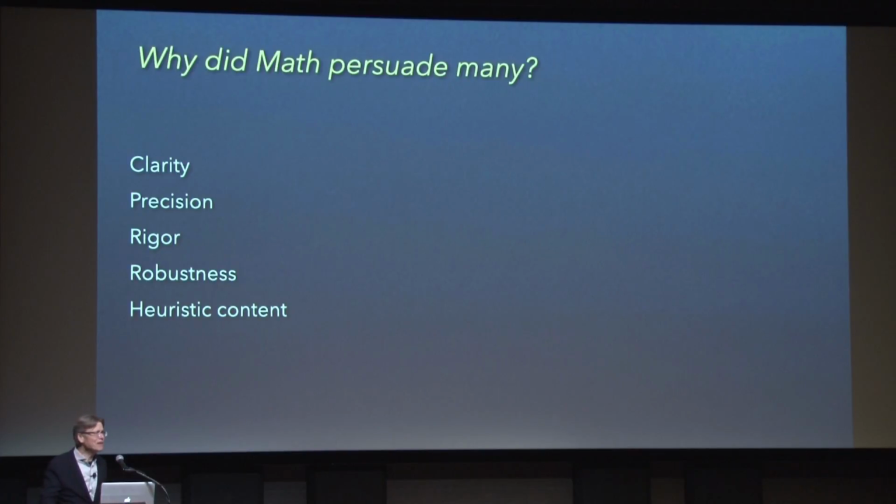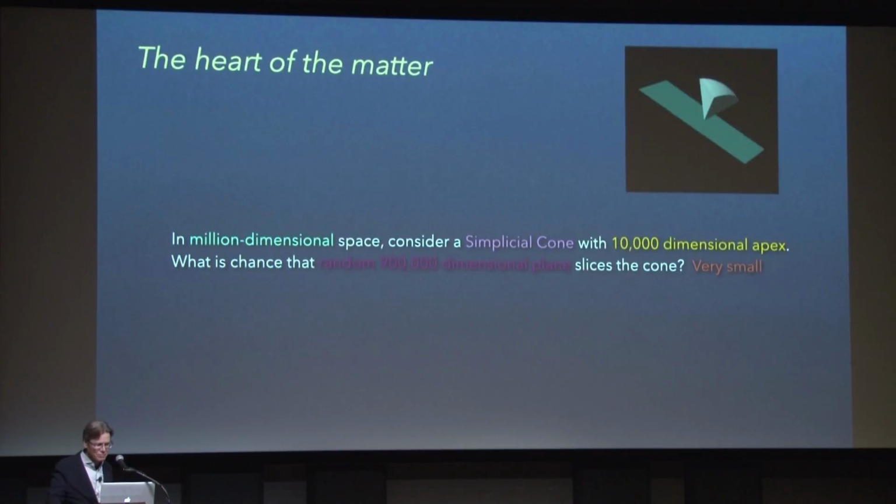On the other hand, math, at least in this instance, was persuasive because it's so clear and, as you'll see in a moment, precise in what it's claiming to offer. Of course, it's rigorous, and it offered this heuristic content that I've explained. So let me quickly point out the little set of equivalences that turned out to be convincing.